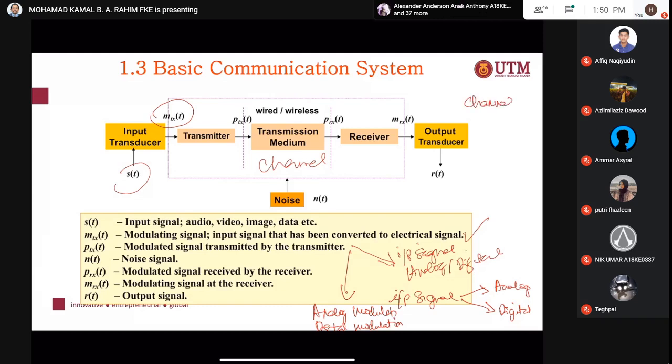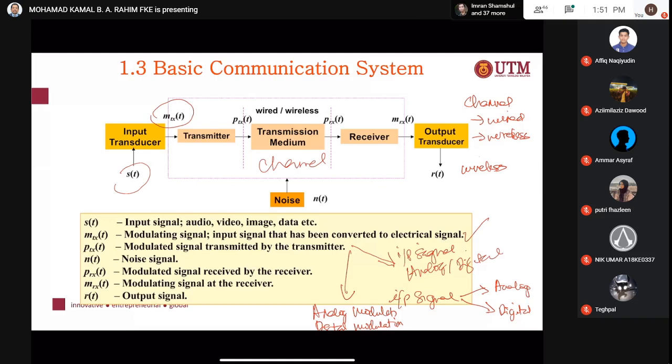So your channel could be what? Wired or wireless. If you have wired, you will be connected directly from your transmitter to your receiver using wire, for example coaxial cable, fiber optics or waveguide. But if you have wireless, you transmit your signal wirelessly.